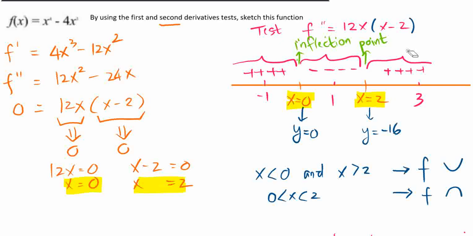The third one is the values of x greater than 2. Now let's take the number before 0. We take -1, which is an easy number. Between 0 and 2, we take 1. Greater than 2, we take 3. So we want to plug these 3 numbers into the second derivative to test for the sign.